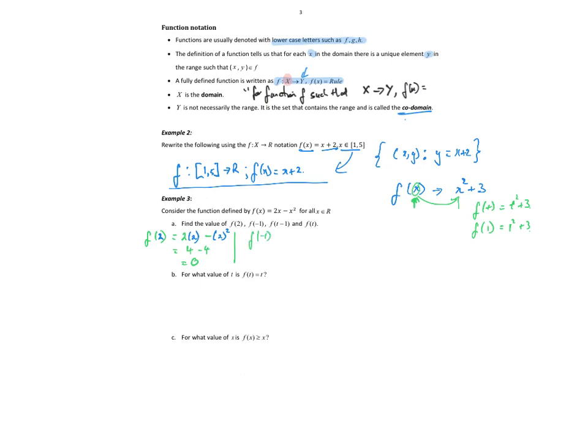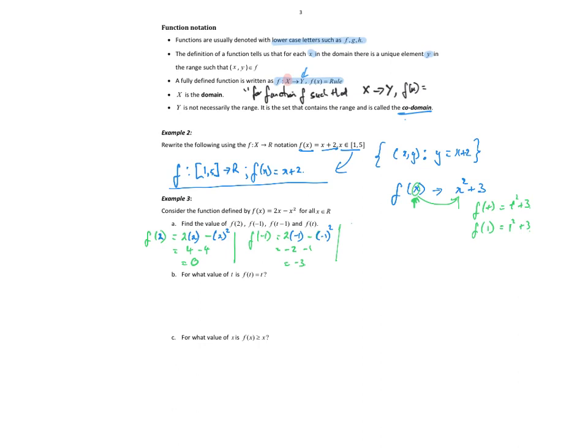F of negative 1 is equal to 2 times, wherever I see an x this time I'm going to put negative 1, minus negative 1 squared, which is equal to 2 times negative 1 is negative 2, minus negative 1 squared is positive 1, minus 1, which is negative 3.